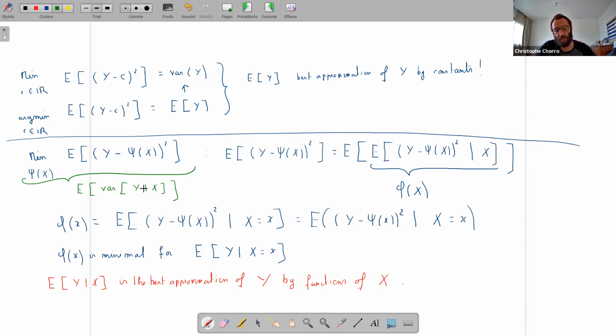If it is small, I have a good approximation, and if it is large, I have a bad approximation by a function of x.